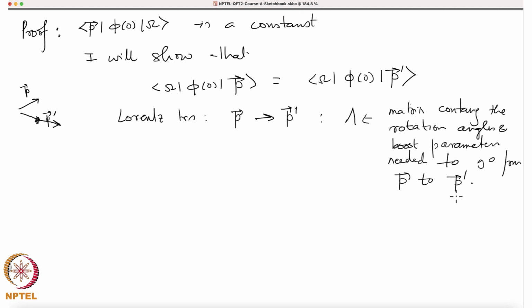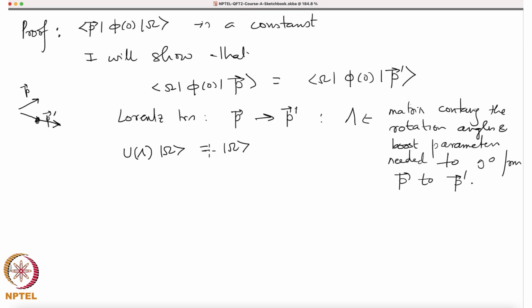That is fine. Now I am going to utilize the fact that under Lorentz transformation, the vacuum remains invariant. So here is the vacuum of the interacting theory, and remember we are doing quantum mechanics, so the operator U of lambda carries out this Lorentz transformation, and when it acts on the vacuum it does not change the vacuum.